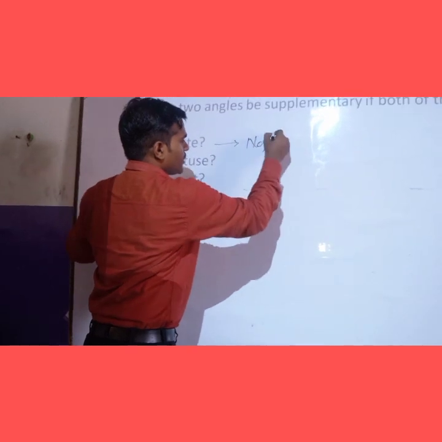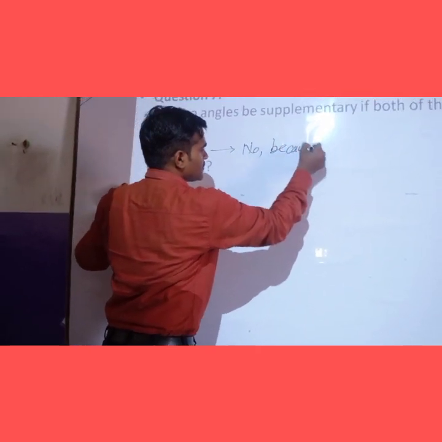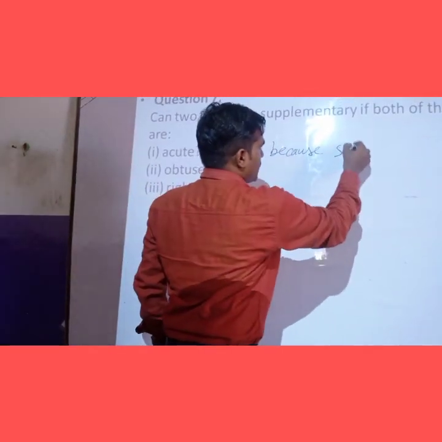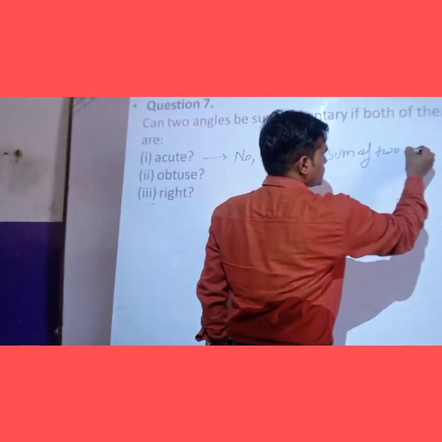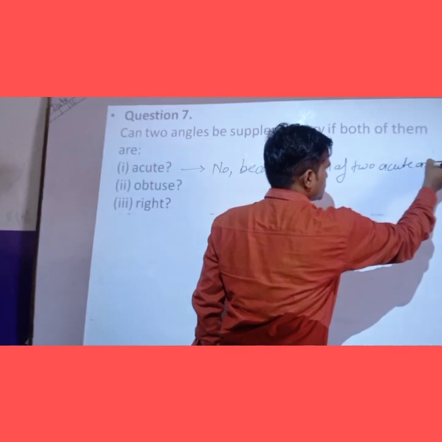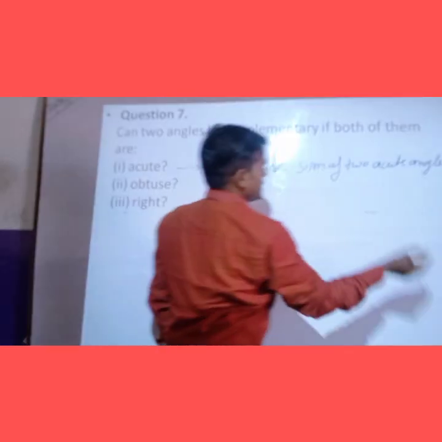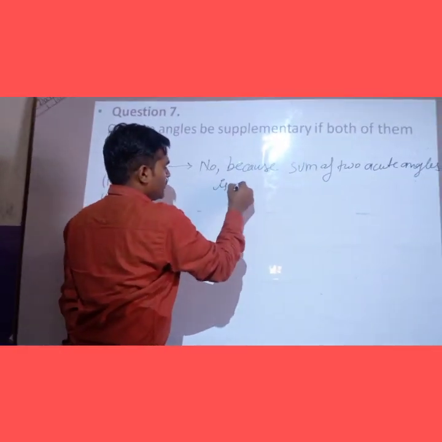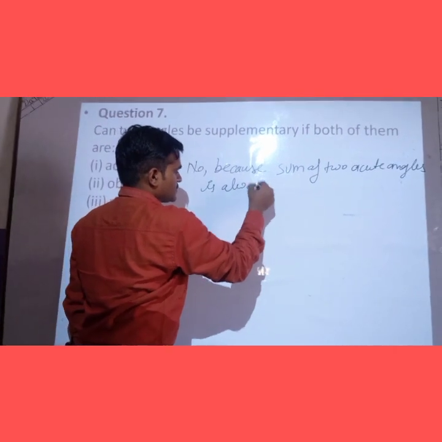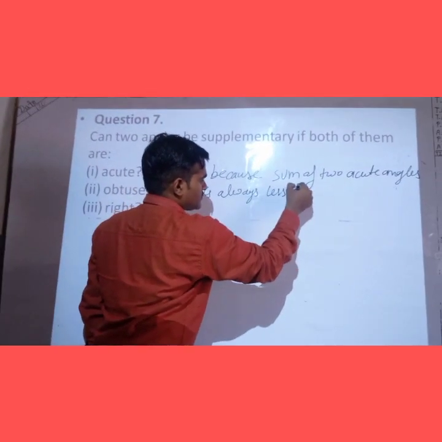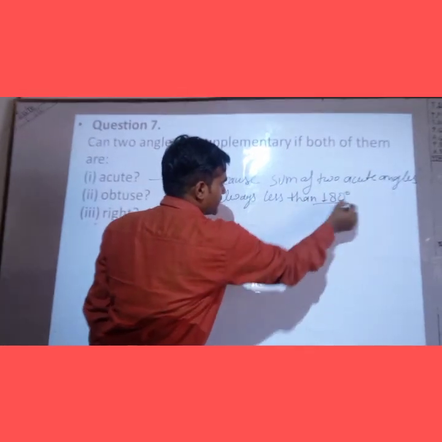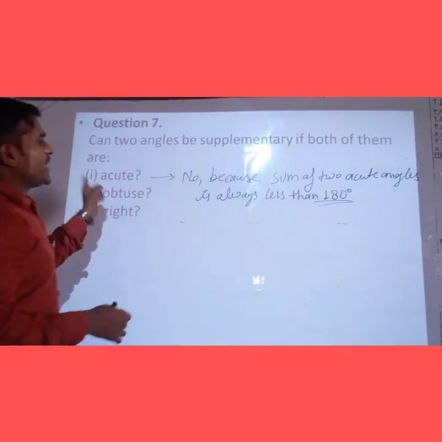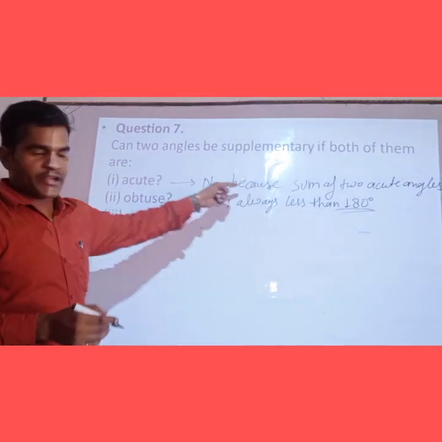No, because the sum of two acute angles is always less than 180 degrees. That's why two acute angles can never be supplementary.